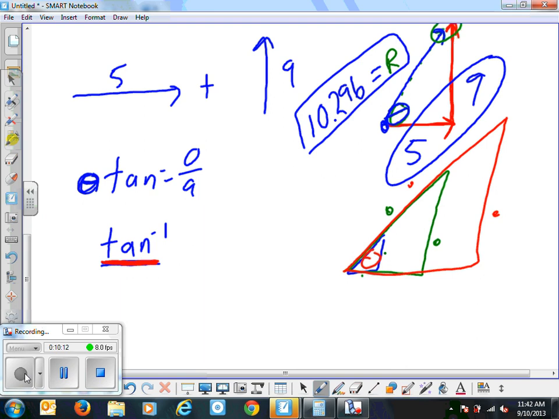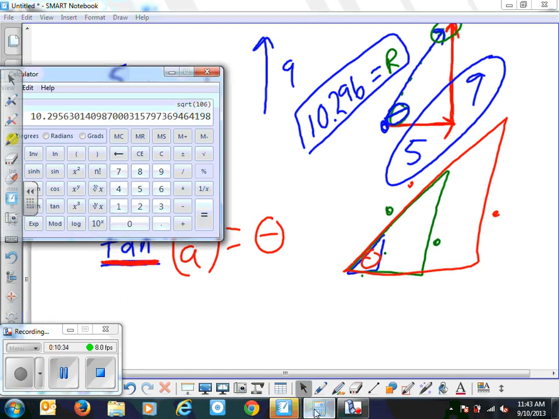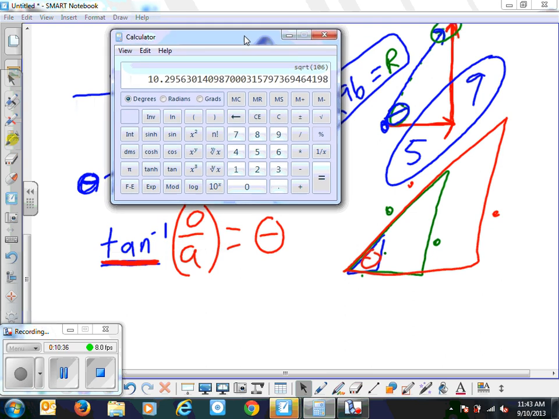Oh, so the inverse tangent then is equal to the opposite over the adjacent. I'm sorry, it's not equal to the opposite over adjacent. The inverse tangent of the ratio of opposite over adjacent is equal to theta. So how do you do that in your calculator? Well, it depends on your calculator.